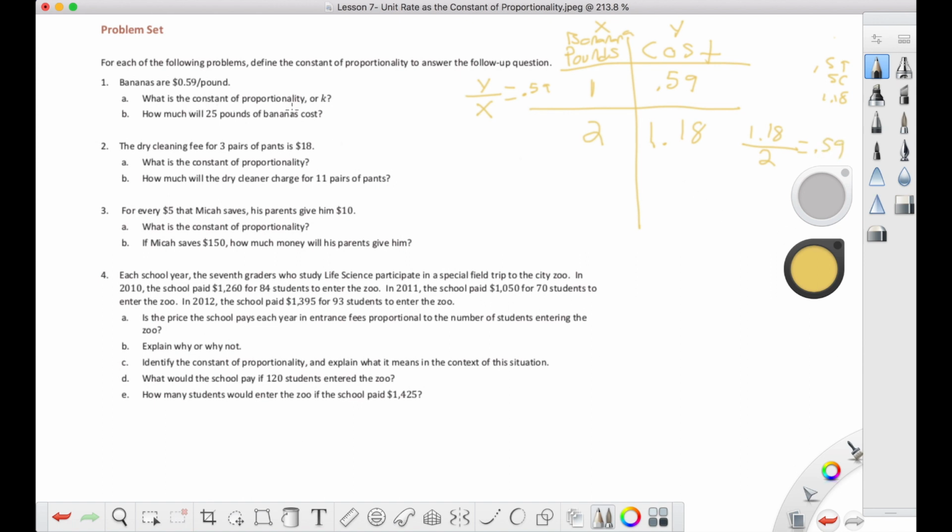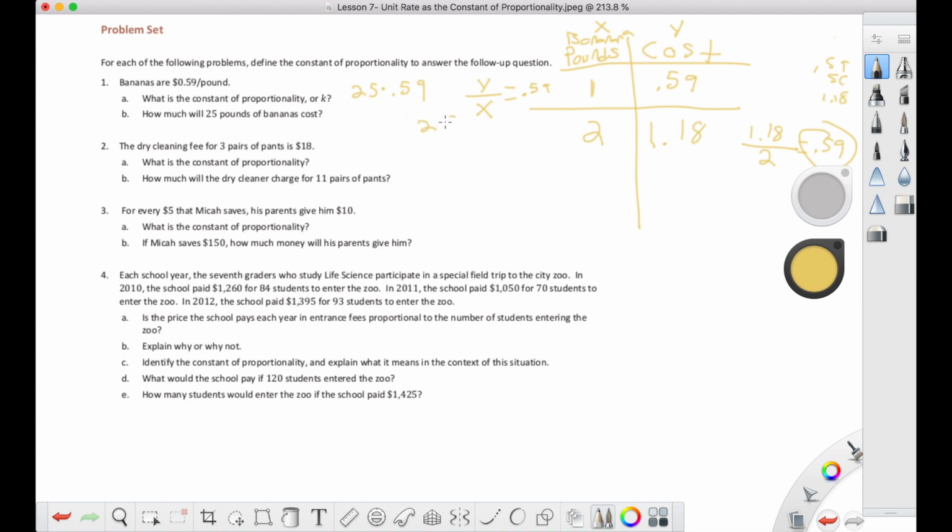So the constant of proportionality is 59 cents. How much will 25 pounds of bananas cost? Okay, I'm going to take 25 pounds, my x, and I'm going to multiply it by my constant of proportionality, 0.59.